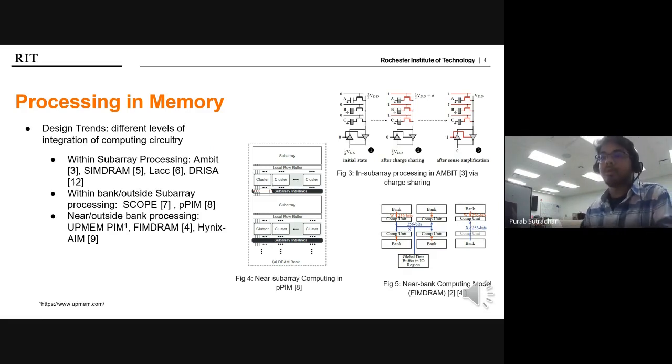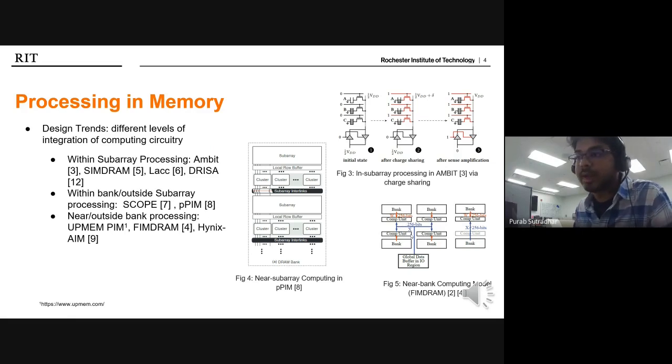Now we can perform computation right next to the memory cells using the bit lines, and this is called processing using memory. Next, we can also perform the computations outside the subarrays, but inside the memory bank. This is another approach that we have pursued for a while now. And there's another approach where we can perform the computation outside the bank.